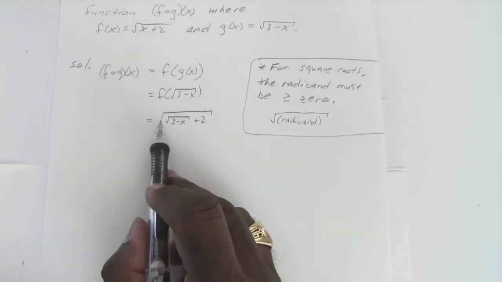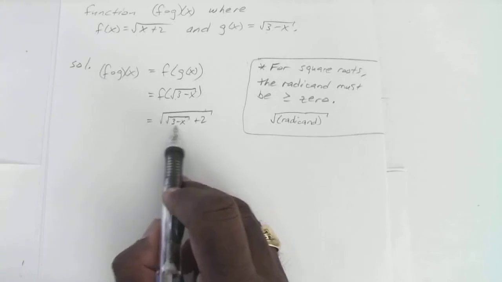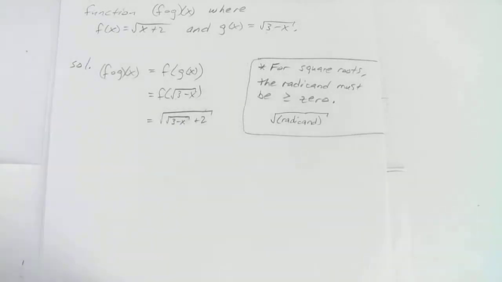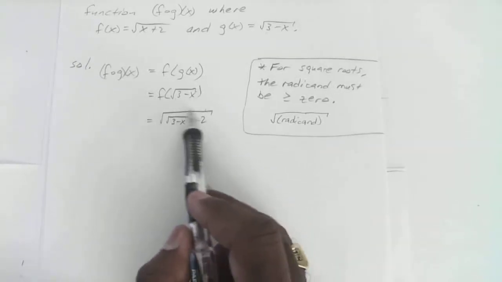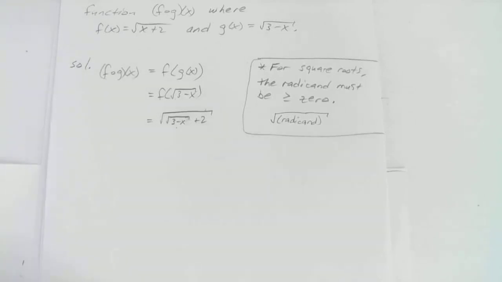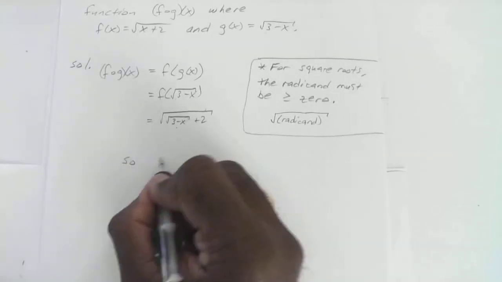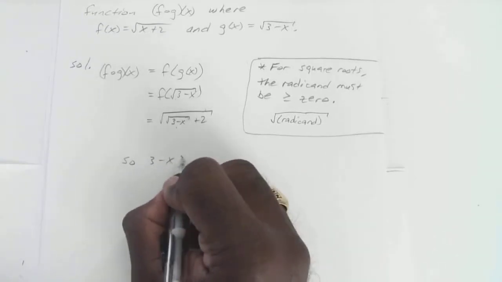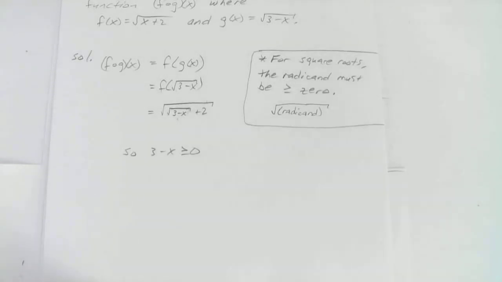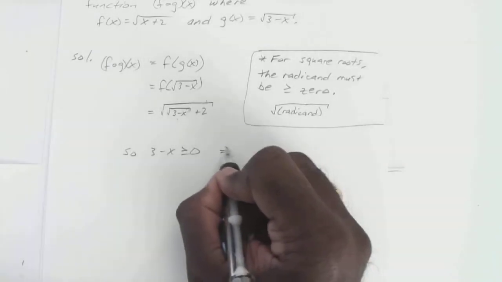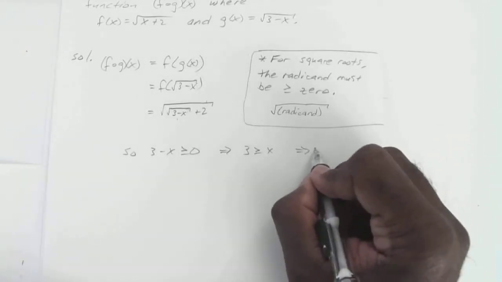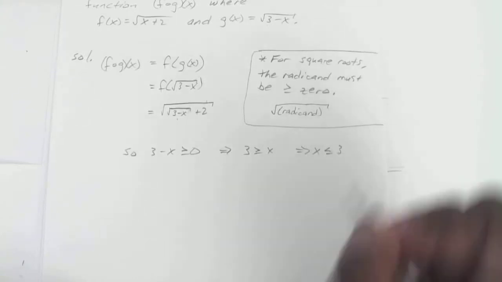So if this has to be greater than or equal to 0, then anything greater than or equal to 0 plus 2 would automatically be positive. So we don't have to worry about the outside square root. But this does have to be greater than or equal to 0. So 3 minus x has to be greater than or equal to 0. If we add x to both sides, 3 has to be greater than or equal to x, or you can switch them around and say x has to be less than or equal to 3.